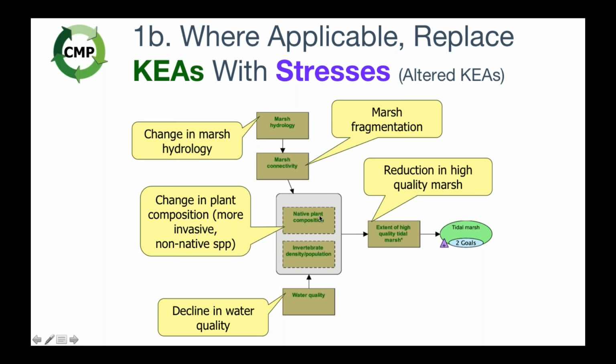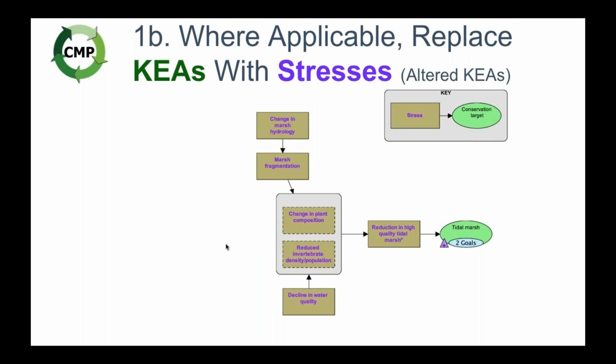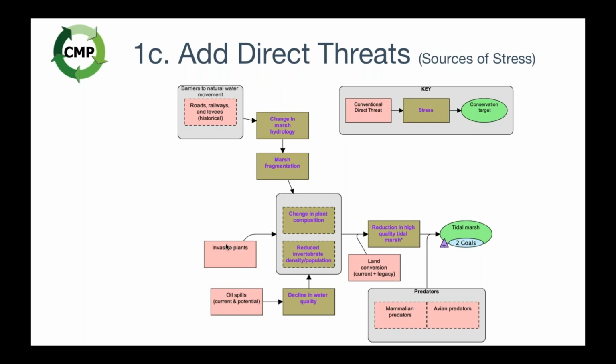And instead of native plant composition, it would be change in plant composition, more invasive species, non-native species, et cetera. I won't go into all of these. But they flipped the key ecological attributes over to be stresses, and then looked at the conventional direct threats that were causing those stresses.